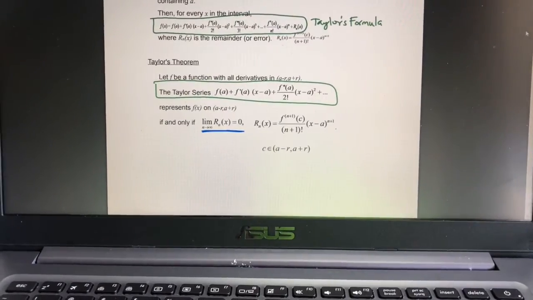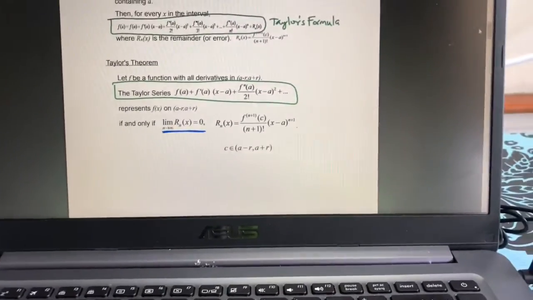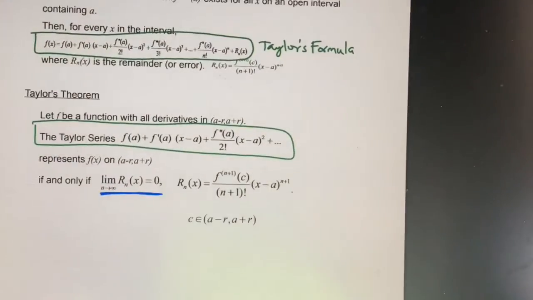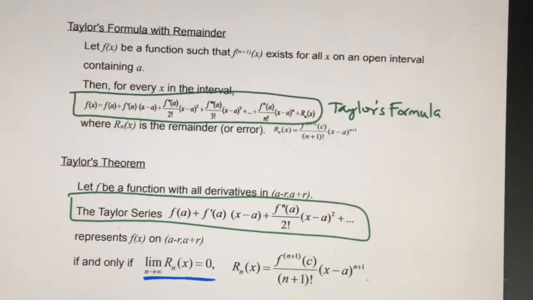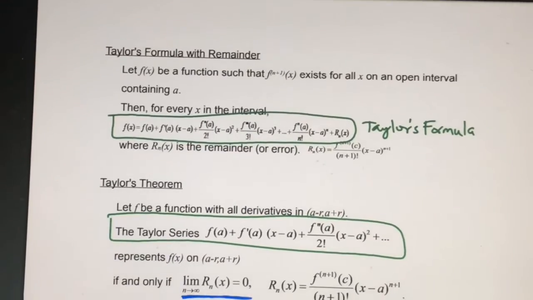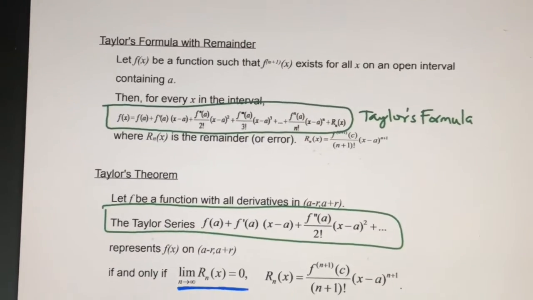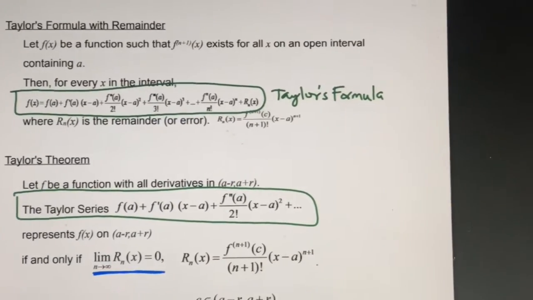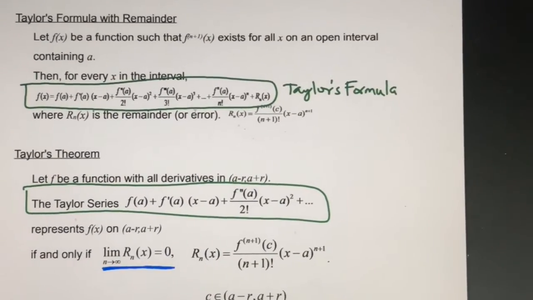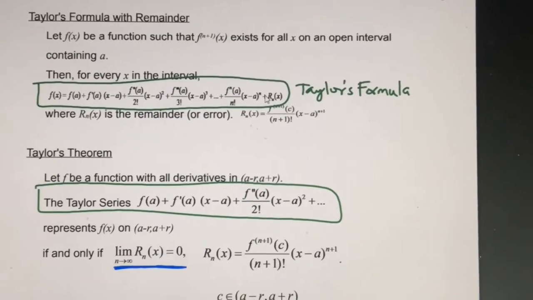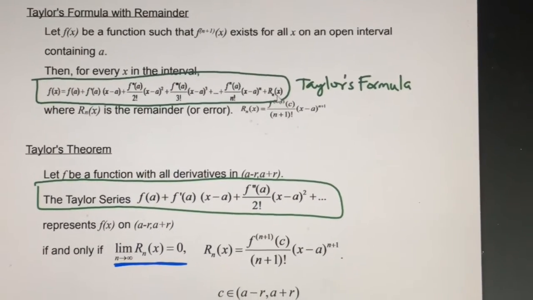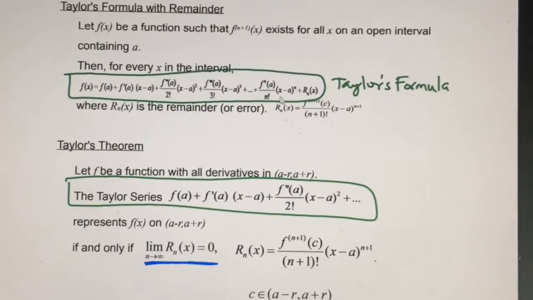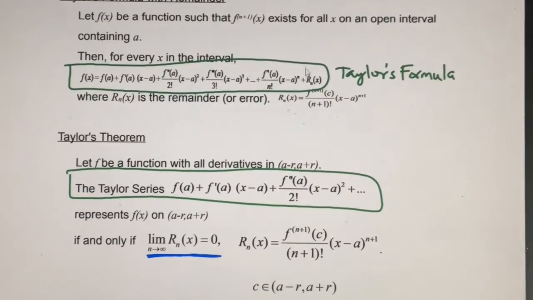Alright, so this one is Taylor's formula with remainder. As I said before, this Taylor formula can be used to estimate the error in our expansion. As you can see, the Taylor formula is plus R_n(x), where R is the remainder, or we call it the error of the expansion.